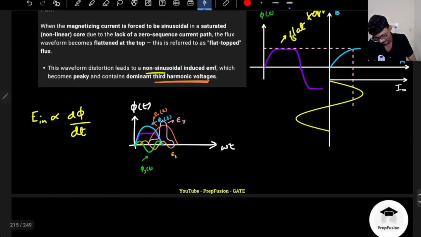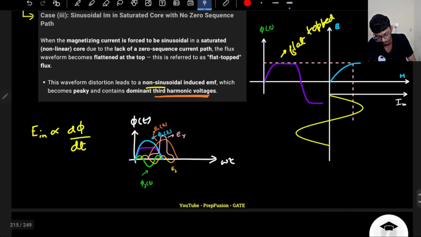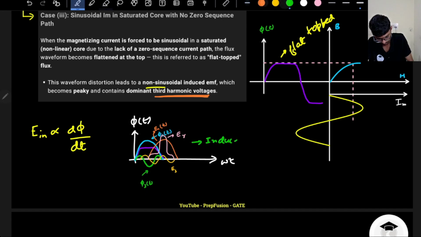Here, if my magnetic flux is flat top, that is, my current is purely sinusoidal, then my induced EMF will be peaky in nature.